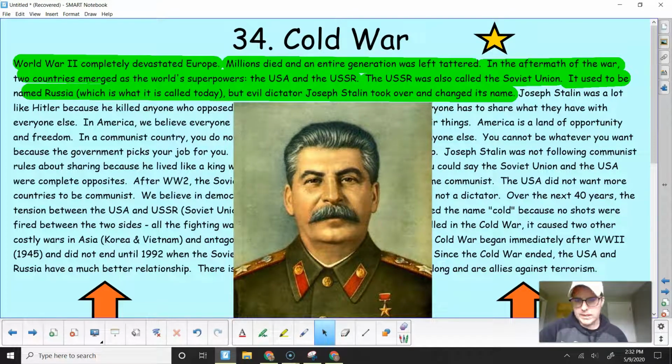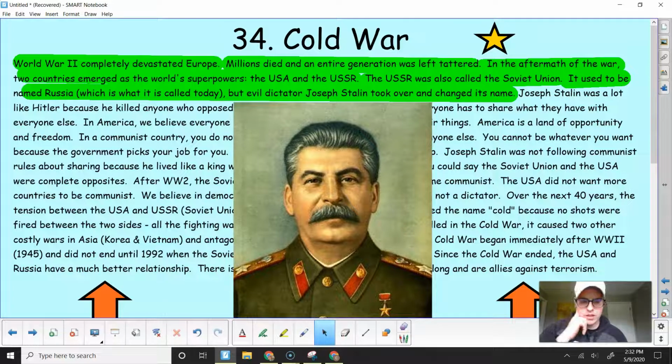Now, people like to say that Hitler was the most evil man in the world and killed more people than anyone else. Joseph Stalin would be a very close second, if not tied with Hitler for first. Stalin killed almost as many people as Hitler did, but he was a little less in your face about it. Stalin would just make people disappear.